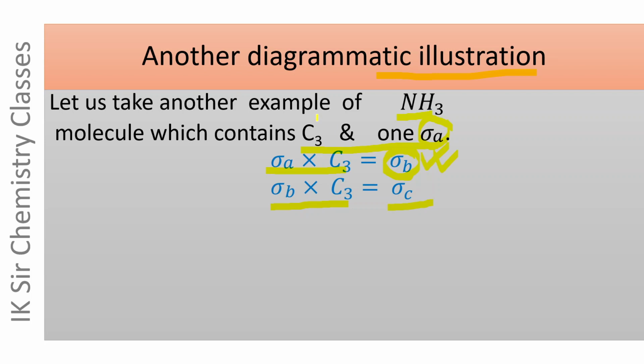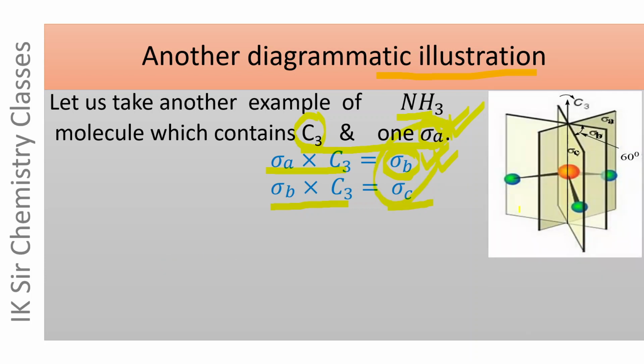NH3 molecule contains one C3 and one plane of symmetry containing this axis. Then NH3 contains overall three planes of symmetry, sigma A, sigma B and sigma C, and these planes intersect along the C3 axis at an angle of 60 degree.